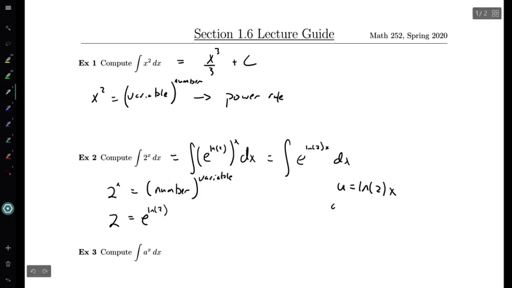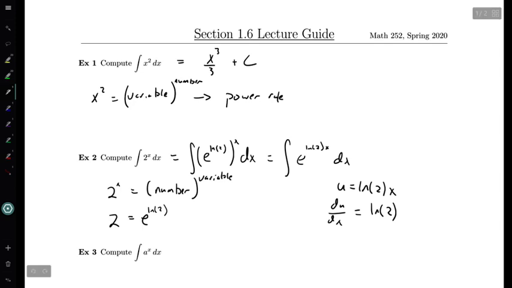So let's think about what du is. du dx is going to be natural log of 2, because natural log of 2 times x is a linear function. Even though it has a funny looking coefficient, natural log of 2 is just a number. So the derivative of u with respect to x is the natural log of 2.